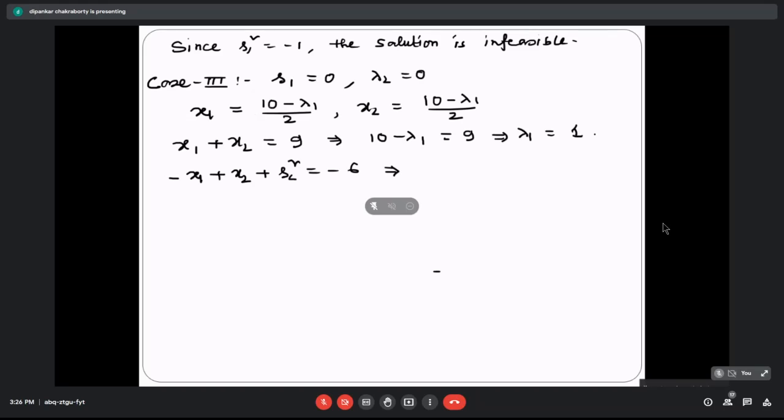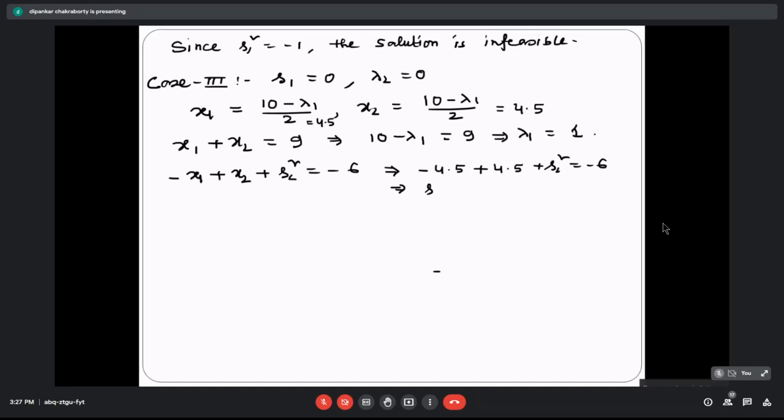So what we are getting, if you replace lambda 1 by 1, we are going to get 10 minus 1 divided by 2, that is 4.5. And here also you are going to get the same, 4.5. So x1 and x2 are the same, so it is going to be minus 4.5 plus 4.5 plus s2 square is equal to minus 6.